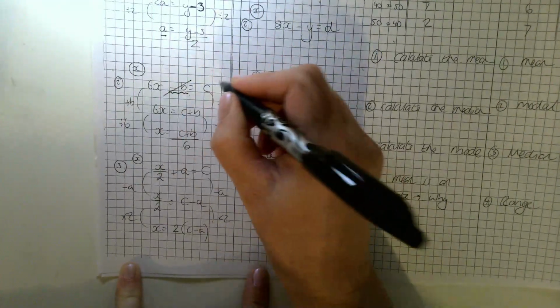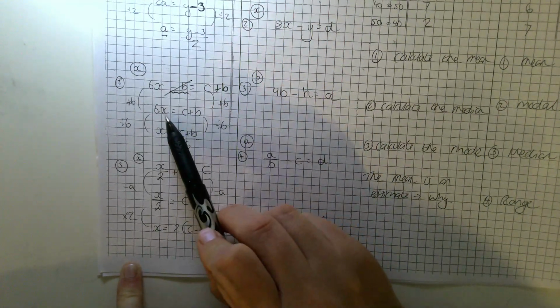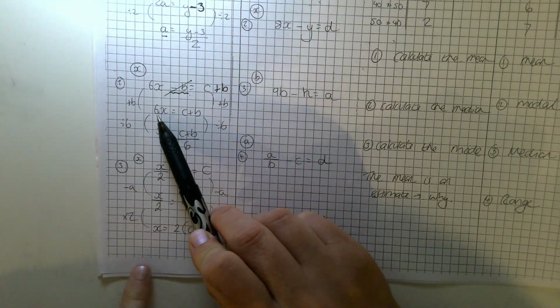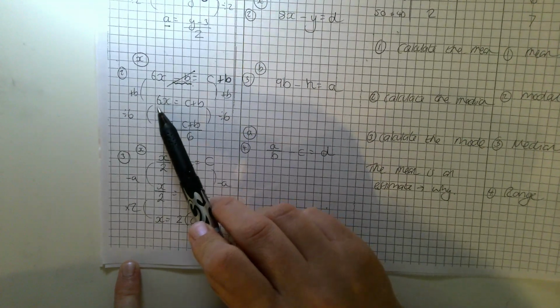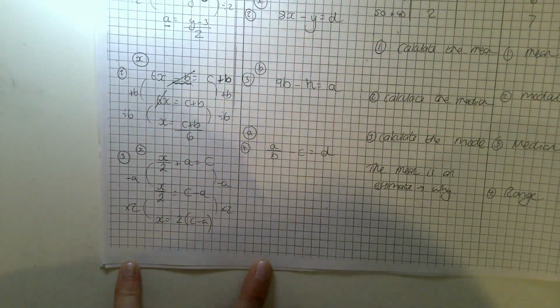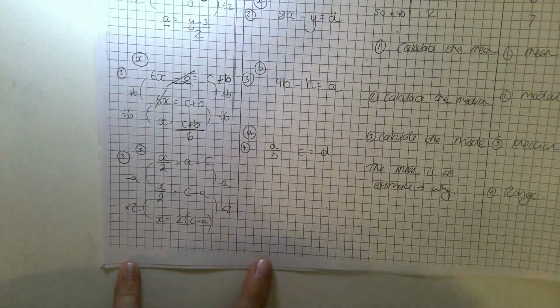You can literally cross that out and add it on that side and rewrite it if that helps. 6x equals c plus b. You then divide by whatever number is in front of the letter you want on its own. 6x means you're now going to divide by 6. That removes that 6 there, and you have the right hand side all over 6.